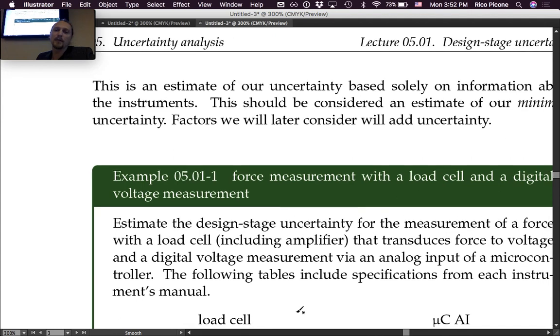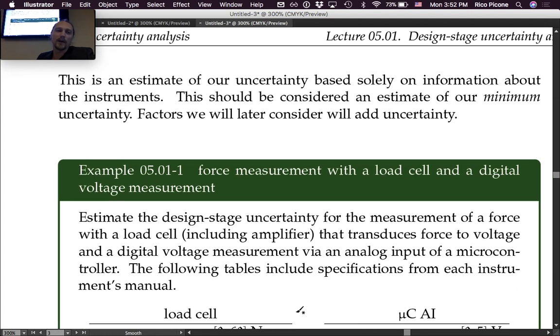I'll just finish it, and then we can do the example on Wednesday. This is an estimate of our uncertainty based solely on information about the instruments. This should be considered an estimate of our minimum uncertainty.